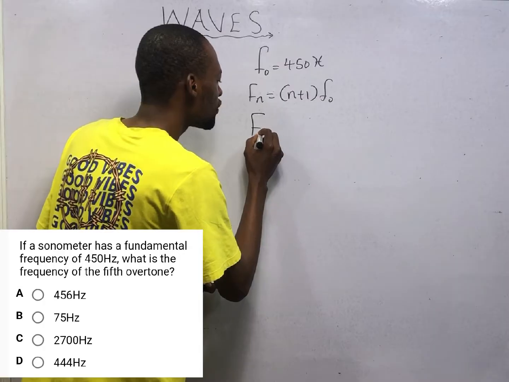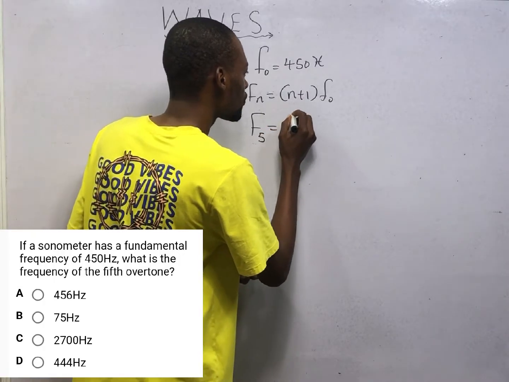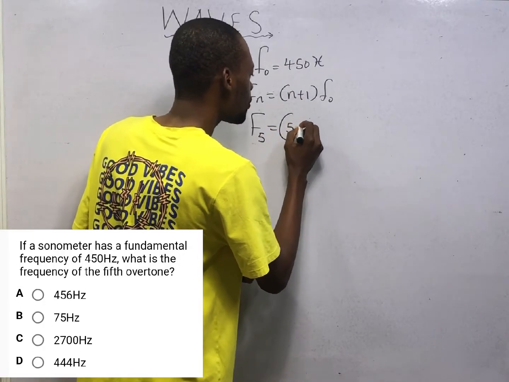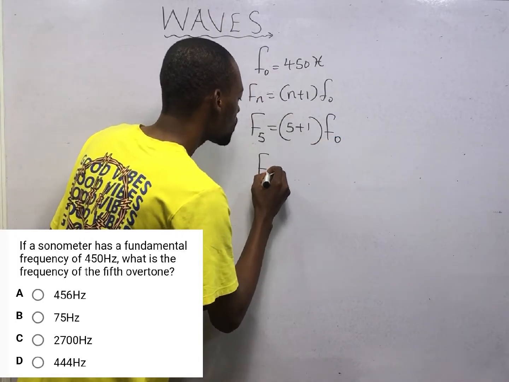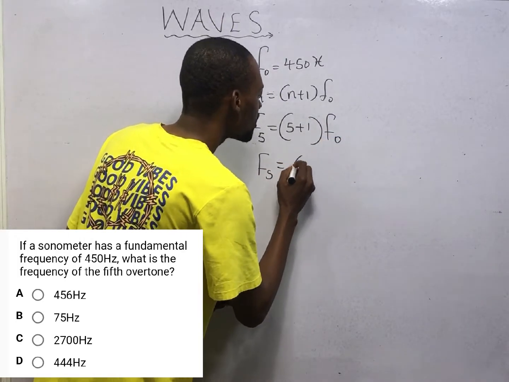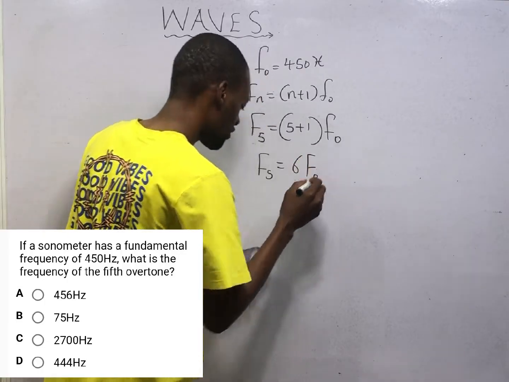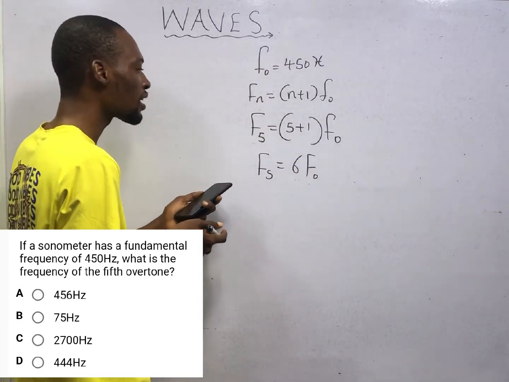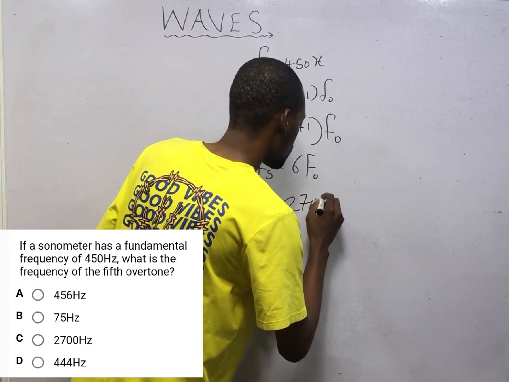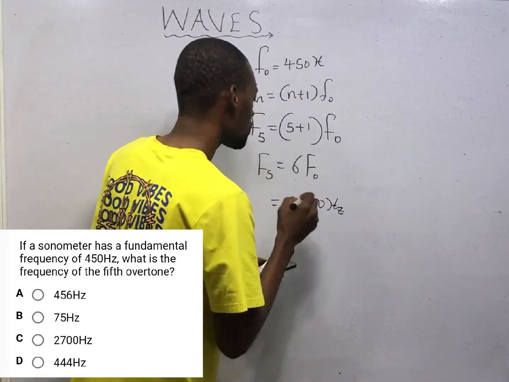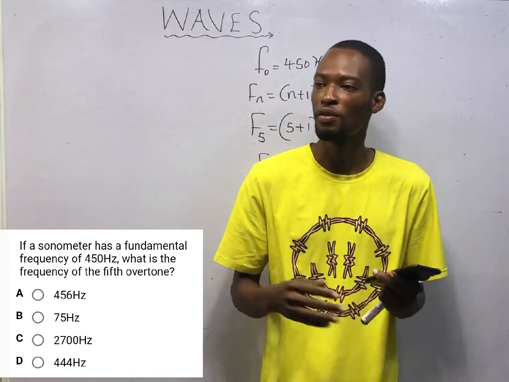So f of the fifth overtone is equal to 5 plus 1 times fundamental frequency. So the frequency of the fifth overtone is equal to 6 times the fundamental frequency. 6 times 450 will give you 2700 Hz. So that is the frequency of the fifth overtone.